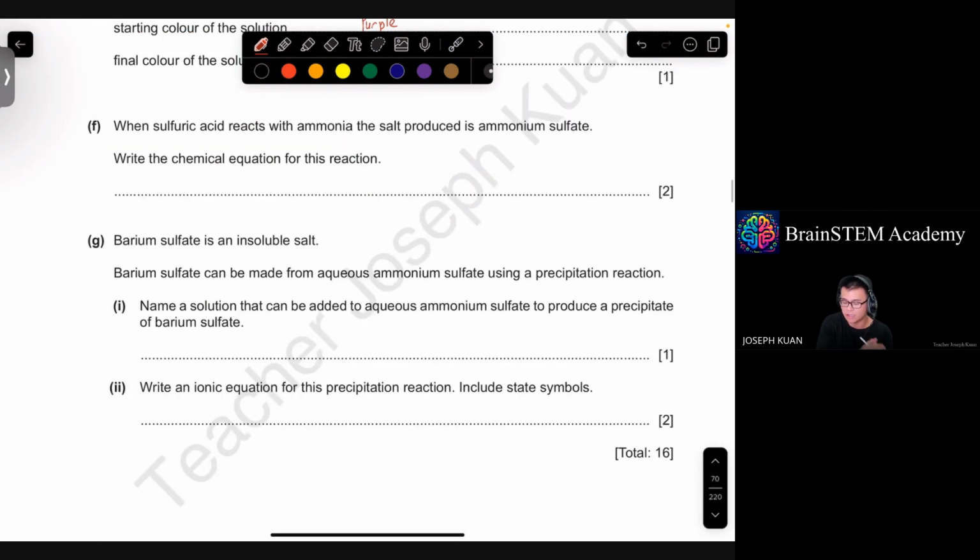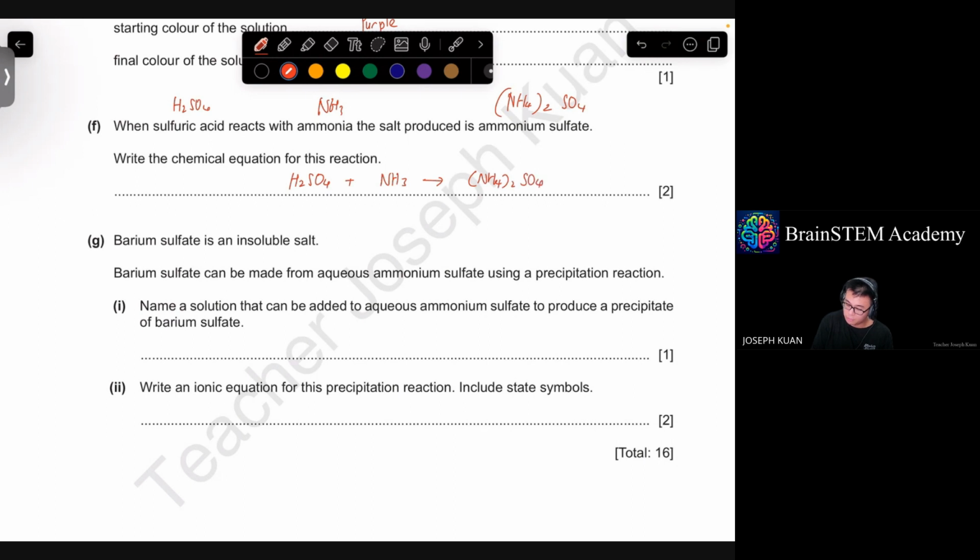So, next question. When sulfuric acid reacts with ammonia, the salt produced is ammonium sulfate. Write the chemical equation for this reaction. Let's just do that anyway. Sulfuric acid is H2SO4, ammonia is NH3, and ammonium sulfate is (NH4)2SO4. So with that said, let's just put them together. That should be your first mark.